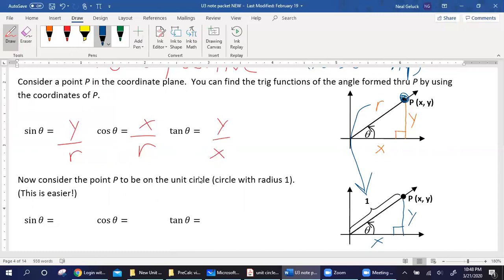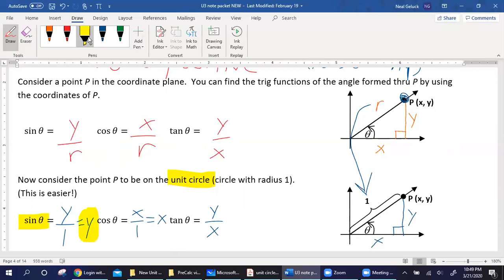Now the sine is y over 1, which is just y. The cosine would be x over 1, which is just x. The tangent would be y over x. That doesn't change.